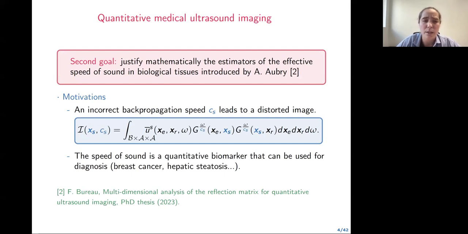The first one is that here I put the Kirchhoff migration functional back, and I highlighted the dependency on the backpropagation speed CS. If you choose a CS that does not match C naught, the true speed in the medium, then you are going to have a distorted image. If you have a good estimation of your C naught, then your image is going to be better. The second motivation is that the speed of sound is actually a quantitative biomarker that can be used for diagnosis.